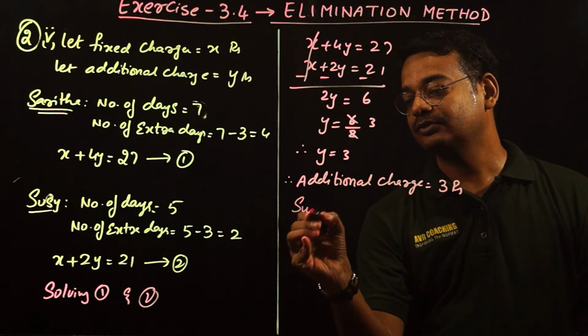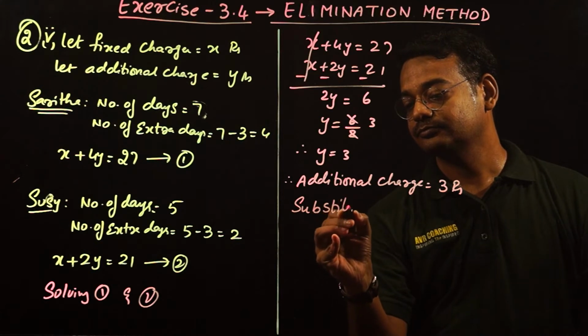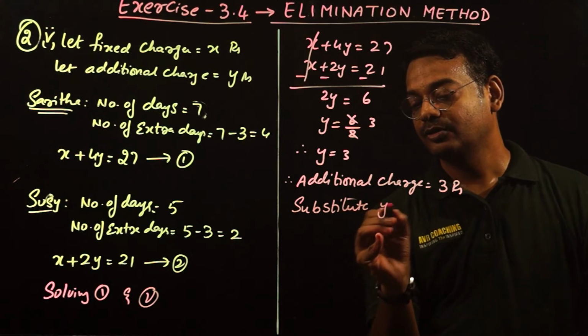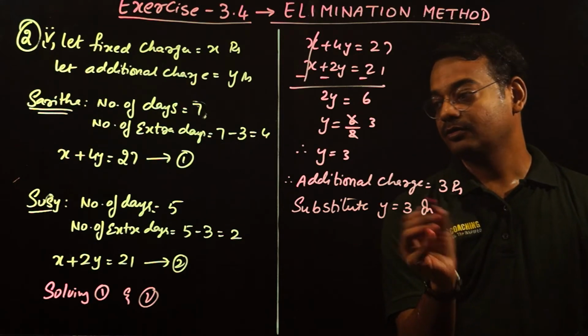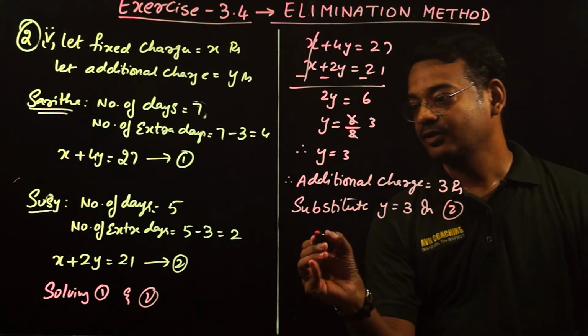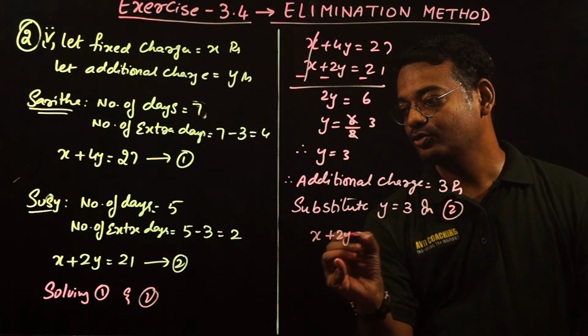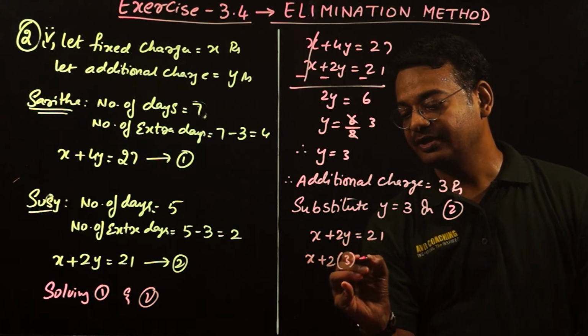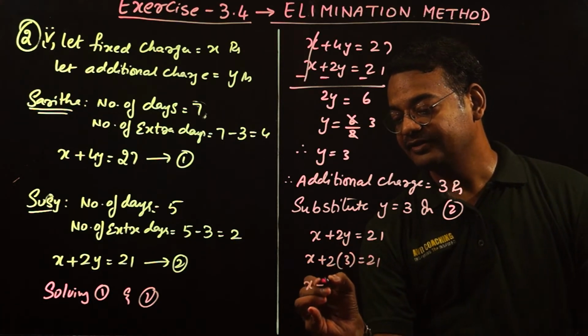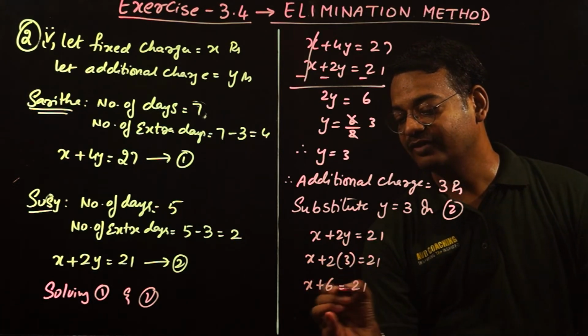Now substitute y equal to 3 in equation 2. So x plus 2y equal to 21, x plus 2 into 3 equal to 21, x plus 6 equal to 21.